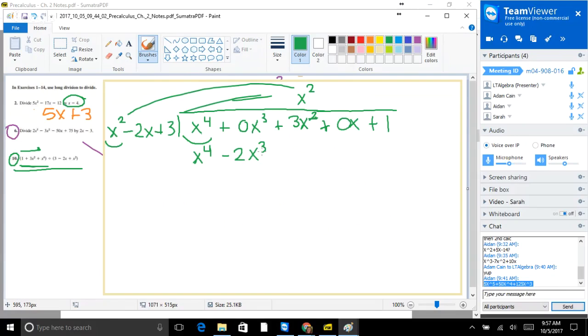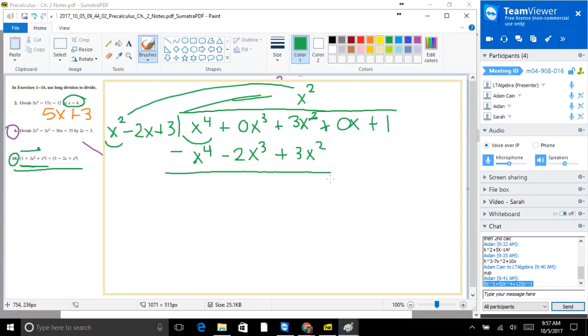So that's why I had to put my 0 placeholder in, because even though I don't have it in my original polynomial, I might end up with it when I multiply, right? And then my last term is plus 3x squared.